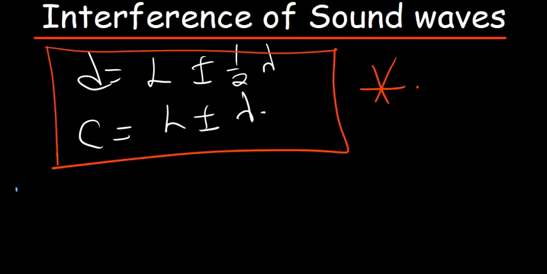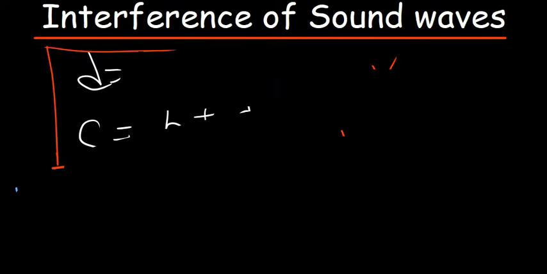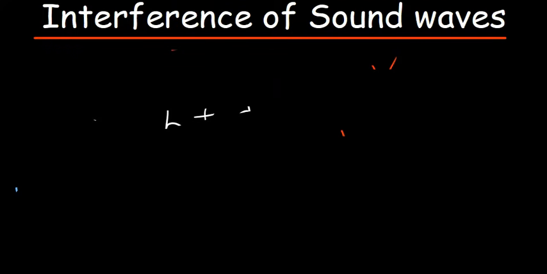Now, why are we saying plus or minus? Let's say that we have got the lambda. Let me just give you an example here. The best example I can give you is, let's say we have two speakers. Let's have speaker A and speaker B. Let's say the person is here, so the frequency will be the same.